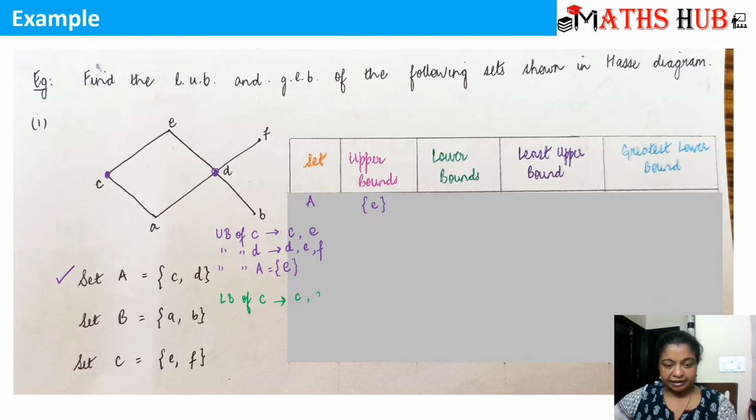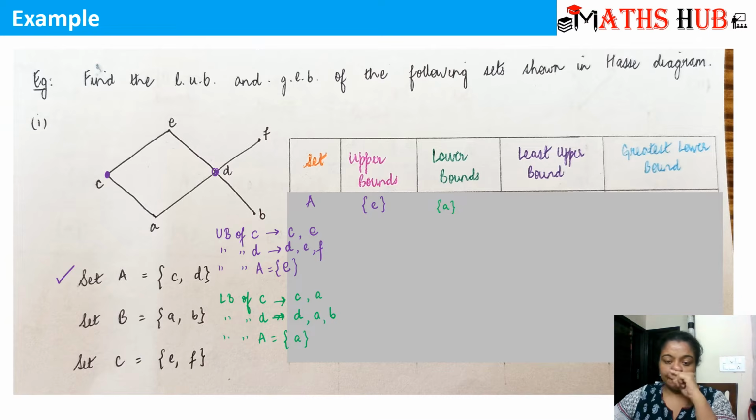It is C and A. And what are the lower bounds of the element B? The elements are D, A and B. So who are the lower bounds of set A? So we have to select the common elements and the common element is E. So that means in the lower bound we will get the element E.